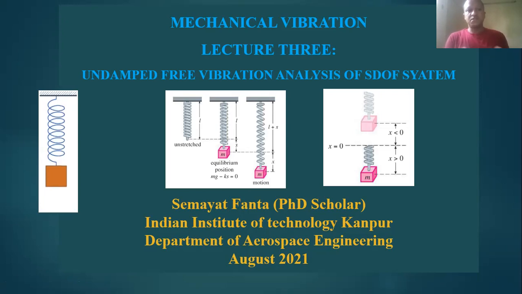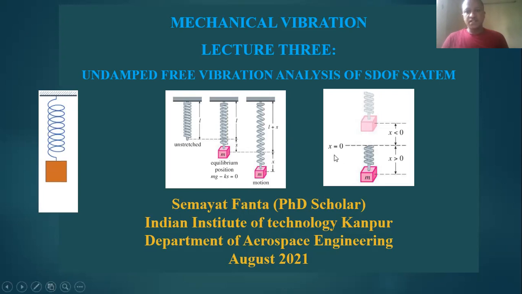When we talk about free vibration, there is no damping; the system is undamped. We disregard the air friction, and all damping is disregarded from this system. So that is the meaning.